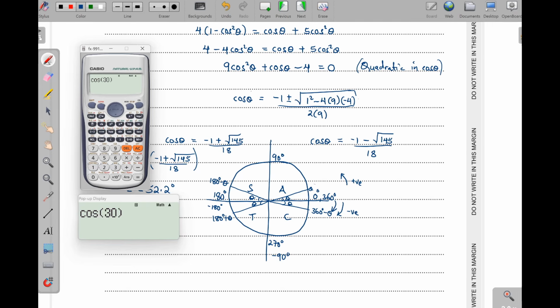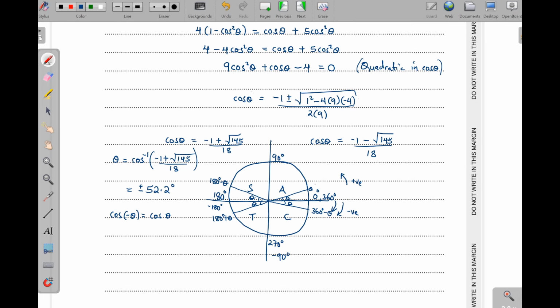How about when I say cos of negative 30? You still get root 3 over 2. Why? Because when you move down, you get that negative acute angle here, and you are falling into the quadrant where cosine is positive. You see that? So that is that.